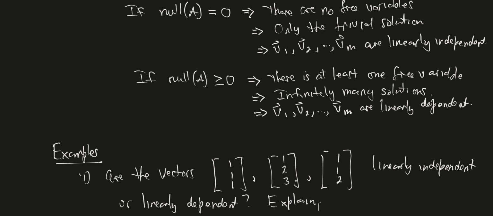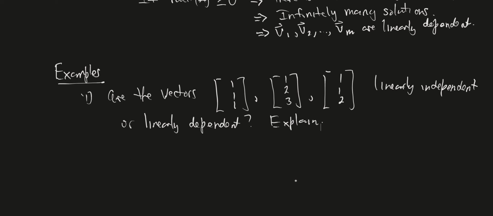Okay, so here are our vectors. So what are we going to do? There are more than two vectors, so we can't just check for scalar multiples. So let's form our matrix. Let A be equal to the matrix with rows 1, 1, 1, then 1, 2, 3, then 1, 1, 2.